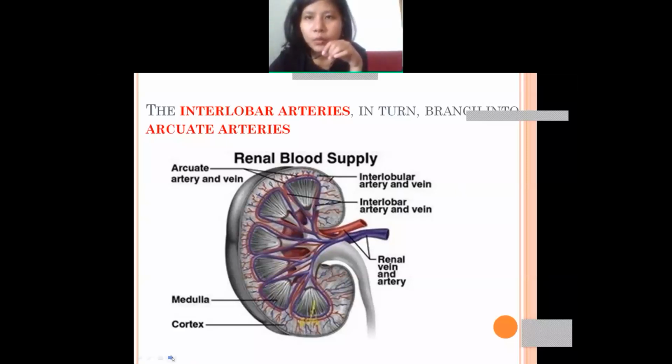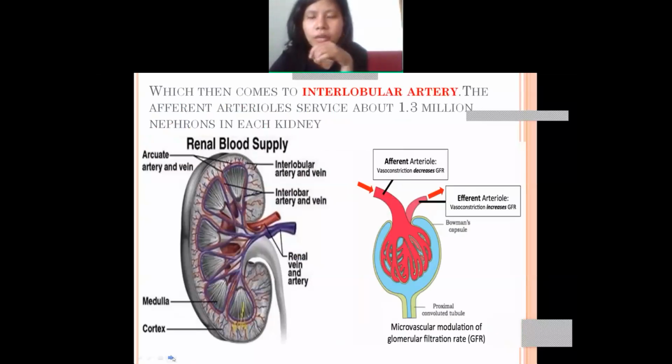Okay. After the arcuate arteries, what will happen? It will come to the interlobular arteries. All these are the interlobular arteries, just like branches you can see, right? And from the interlobular artery, finally they will reach the nephron.